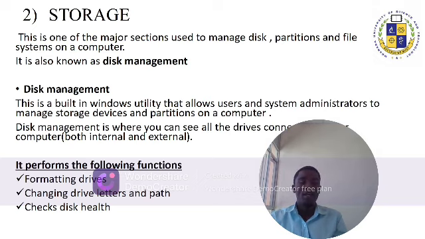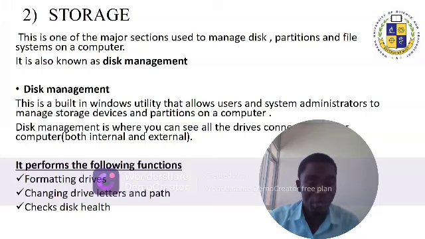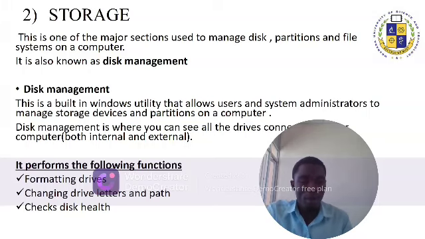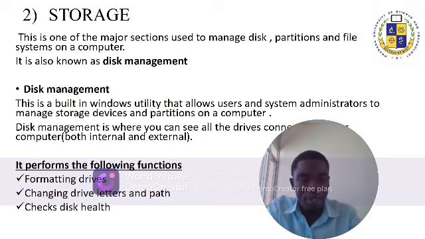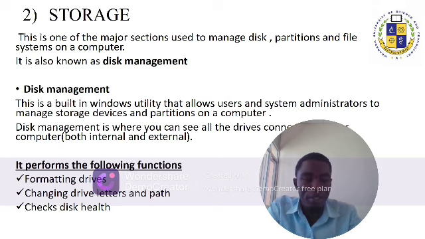Let me explain disk partitioning briefly. When you have your flash or hard disk, you can partition it into different sections, like hard disk A, hard disk B, or whatever else you need it to be. That is what we call disk partitioning.